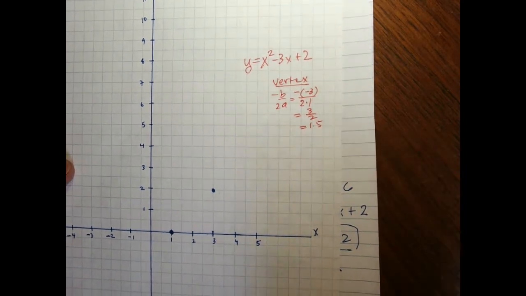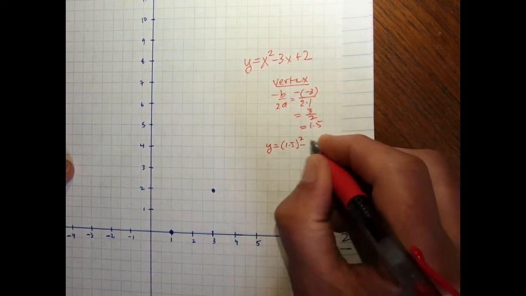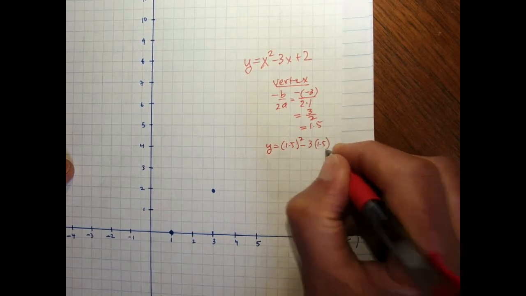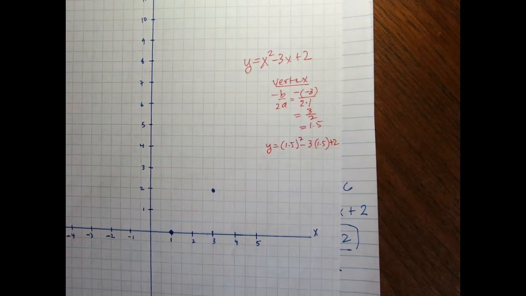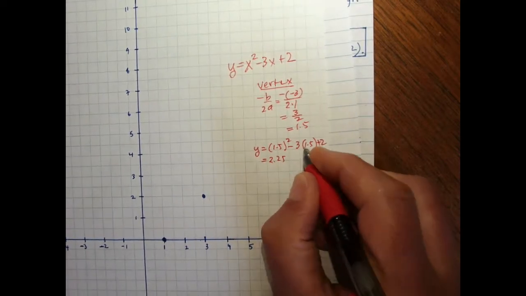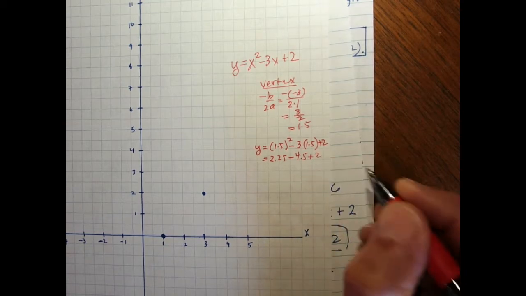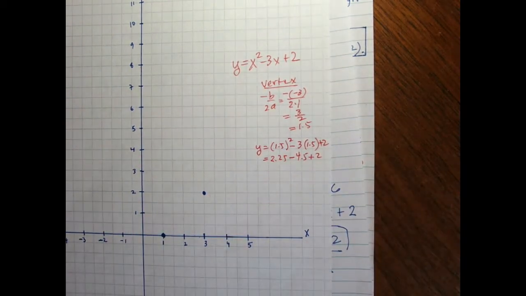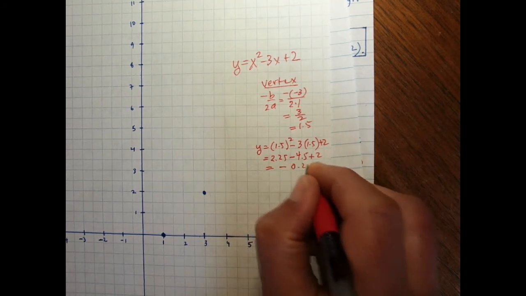If I plug in 1.5 squared minus 3 times 1.5 plus 2, I got 2.25 minus 3 times 1.5, which is minus 4.5, plus 2. Actually turns out to be negative 0.25.